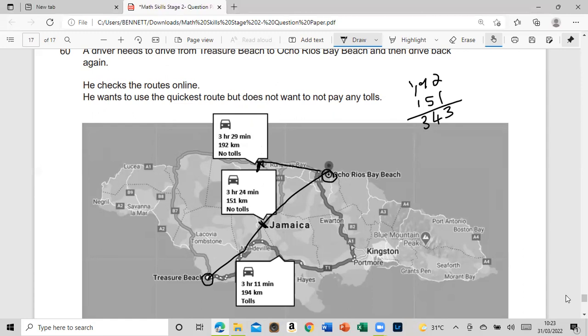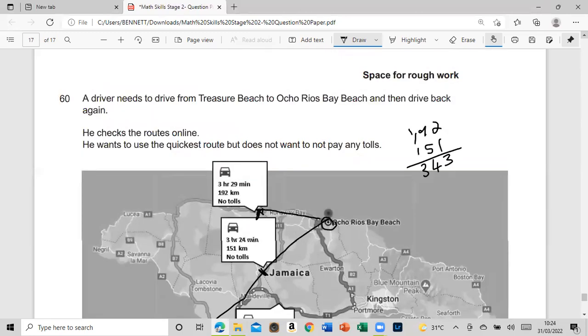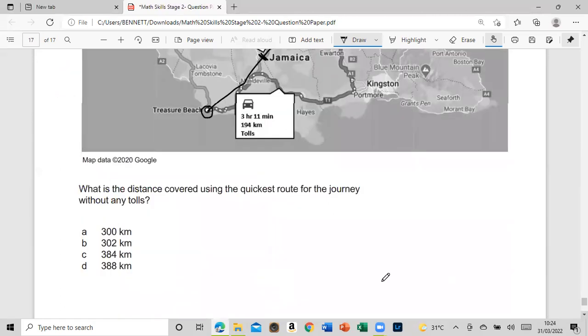I'm going to go with, let me see. Let's see how much we get. So I got 343, so it's between these two.